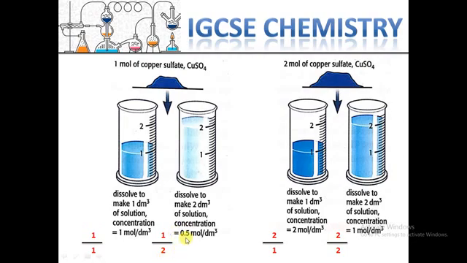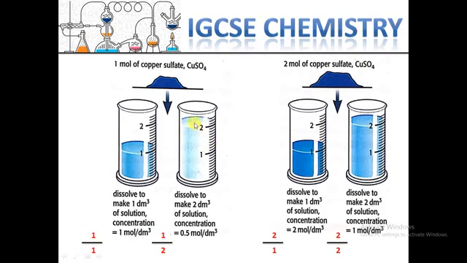0.5 mole per cubic decimeter. So if our solute is 2 moles of copper sulfate, and it is dissolved in 1 cubic decimeter, here we have a very concentrated solution.